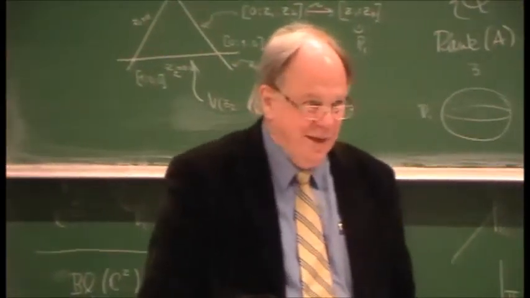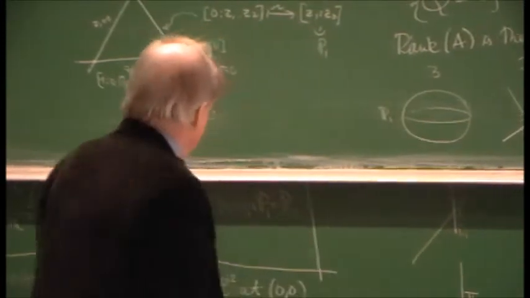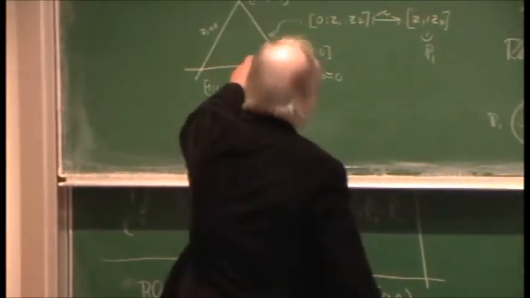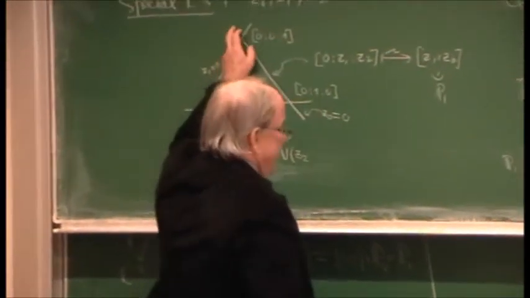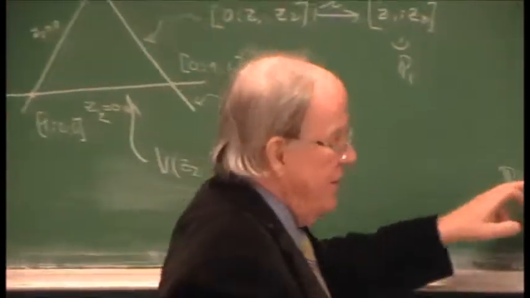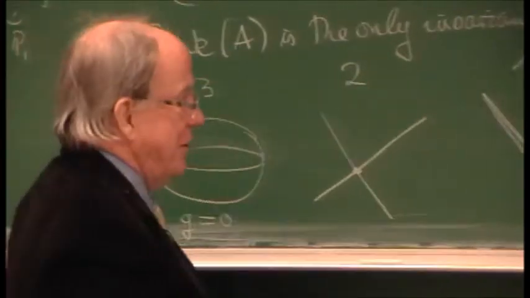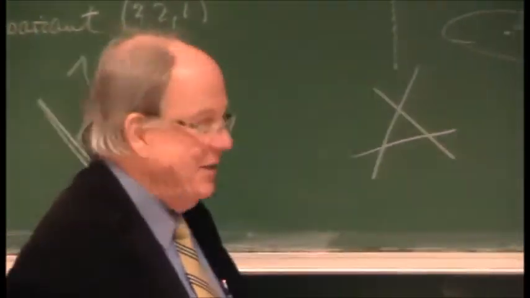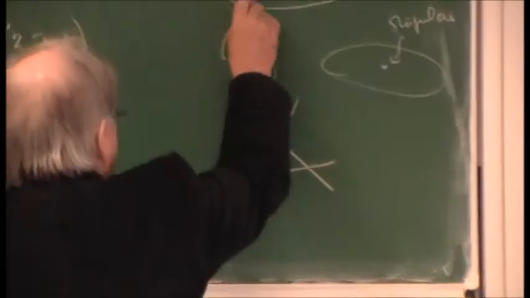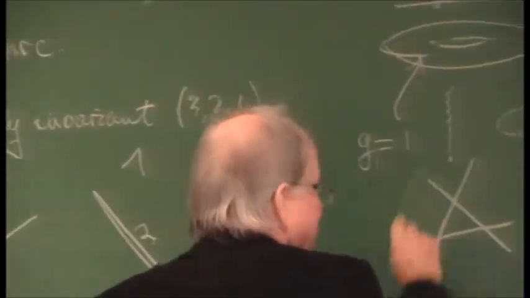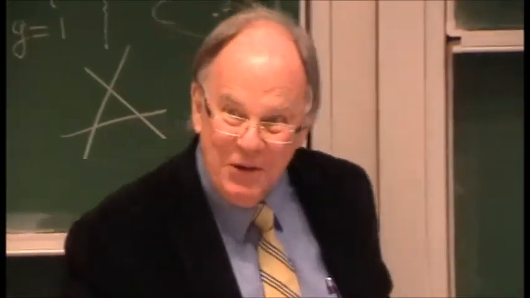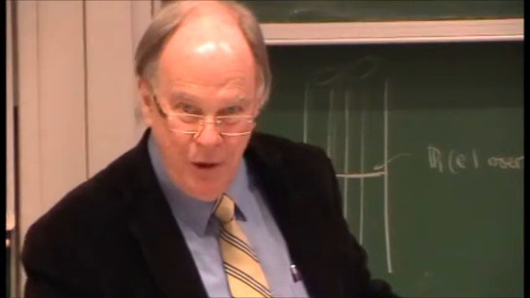You noticed that very easily I found P1 here several ways. That is genus equal to 0. And the next thing that I told you about is a torus, which was genus equal to 1. And then you're going to ask me, can I find genus equal to 2 somehow? You might hope.